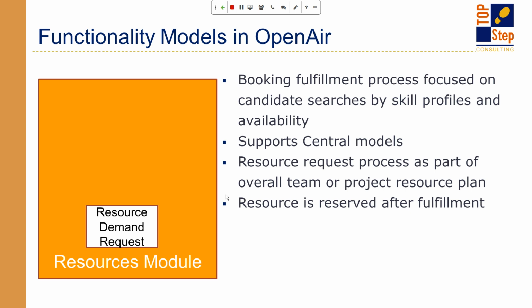I can find all of my available resources that have that skill set. I can pick the ones I want. It has a matching system based on a percentile match of the skill set profile that you've entered. And you can push that request out, it gets approved, and then boom, you've booked all of those people, right? So it can work in the right situation.